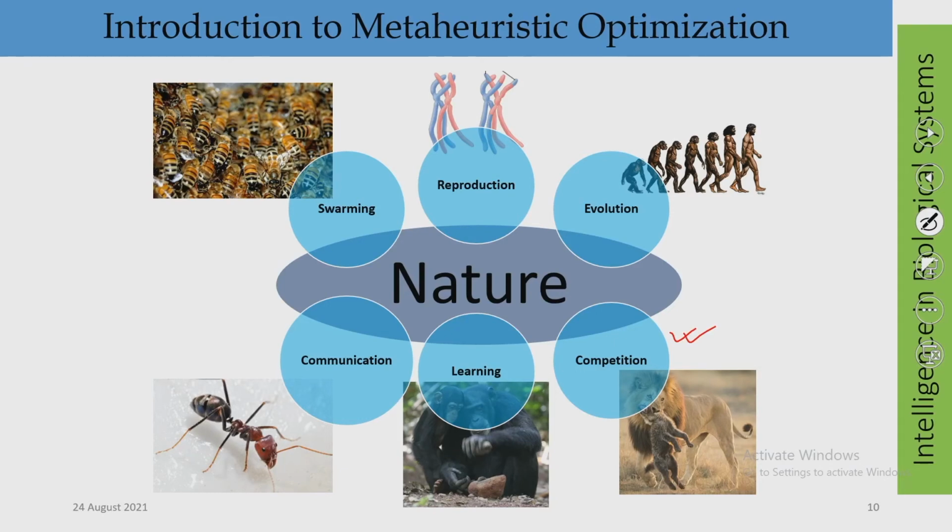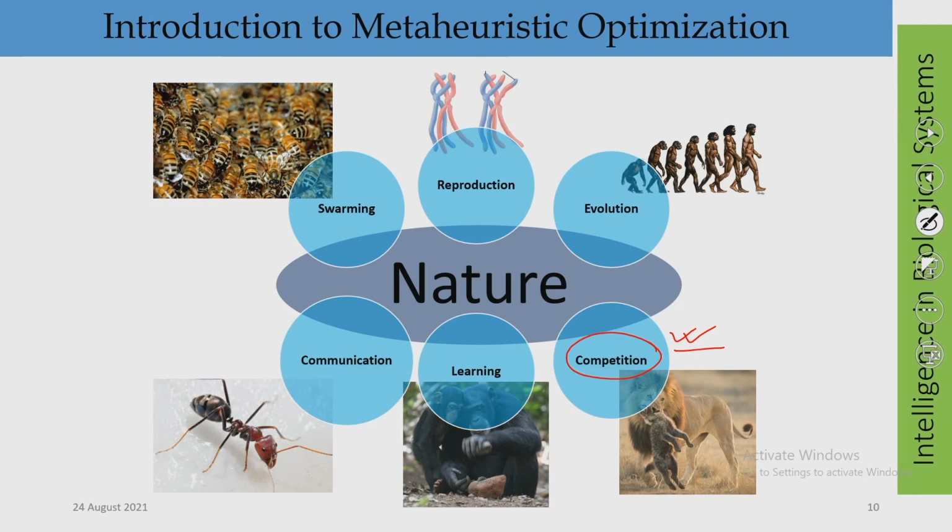So, what is happening in nature? There is a competition, or we can say a struggle for survival, within the species or across the species, is it not? Competition is for the resources, for survival.